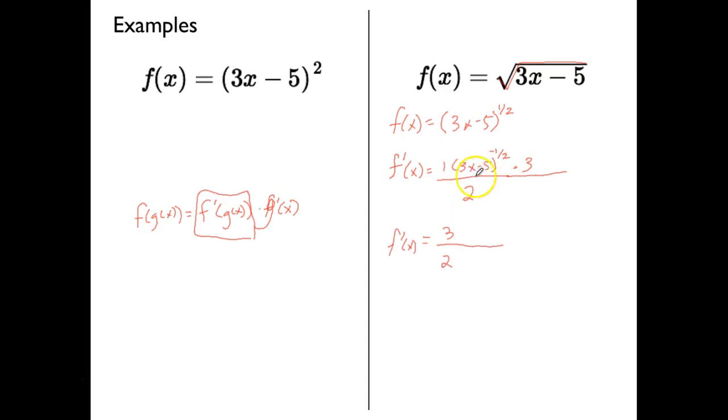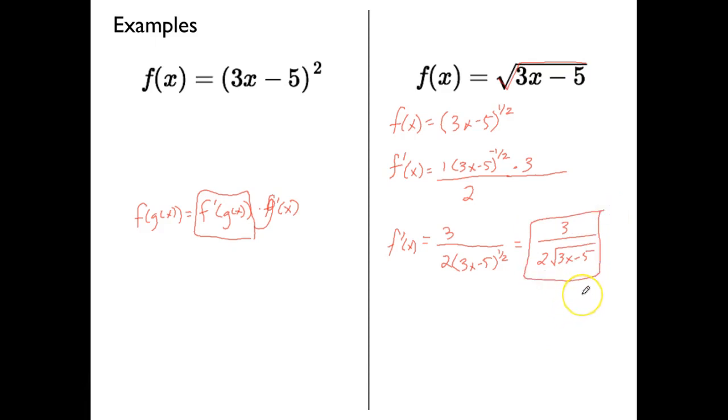And remember, this whole thing moves to the bottom, right? So on the bottom we have 3x minus 5, all raised to the half. And we're not done there. Remember what a half exponent is? That means square root, right? The square root of 3x minus 5. There you go. That is the derivative.